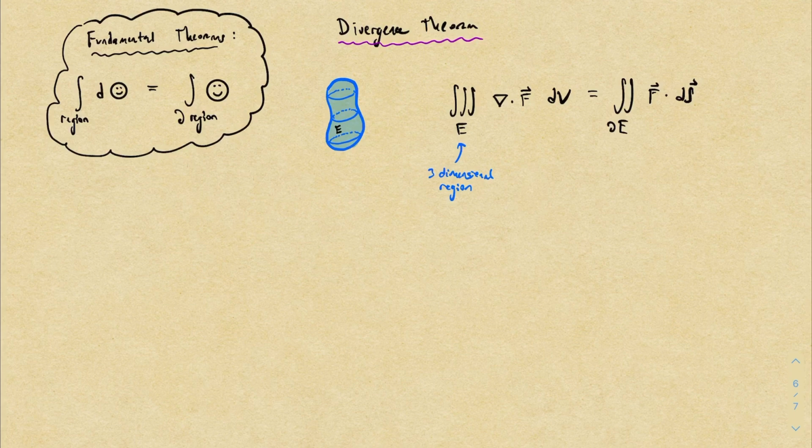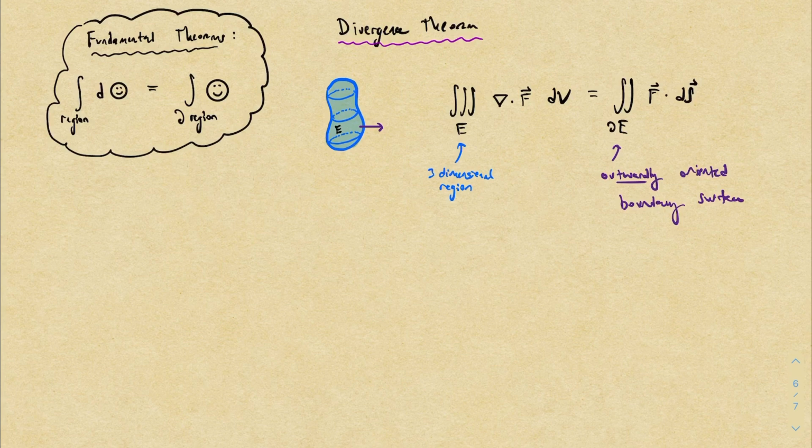Now, anytime we talk about a vector surface integral, which is what this is, we have to talk about an orientation of the thing that we're integrating over. So for the divergence theorem, the statement holds when the boundary surface is outwardly oriented. On my picture here, I could draw an outward pointing normal vector on the boundary surface. This is what we'll always mean by the boundary of some three-dimensional region.